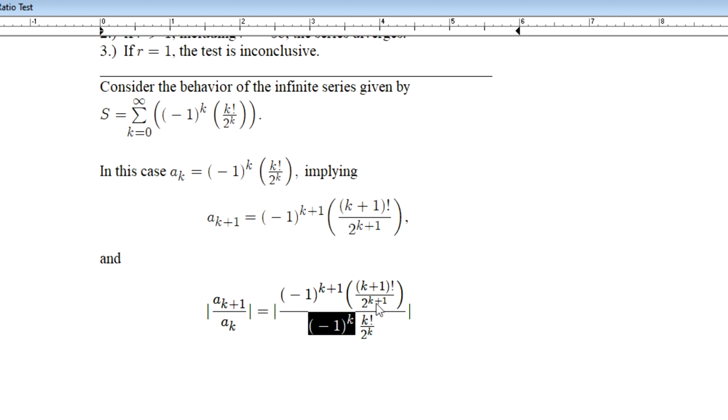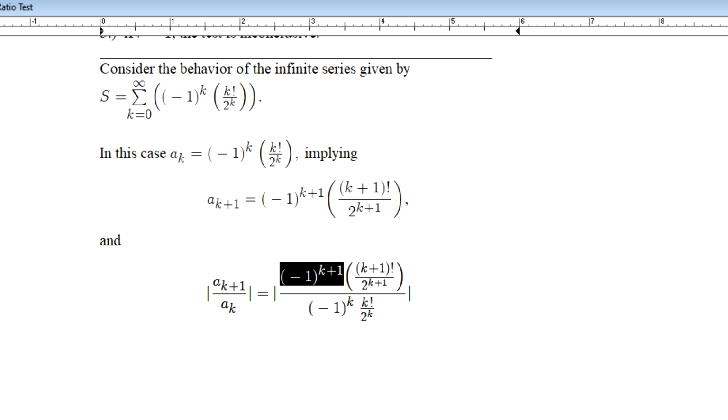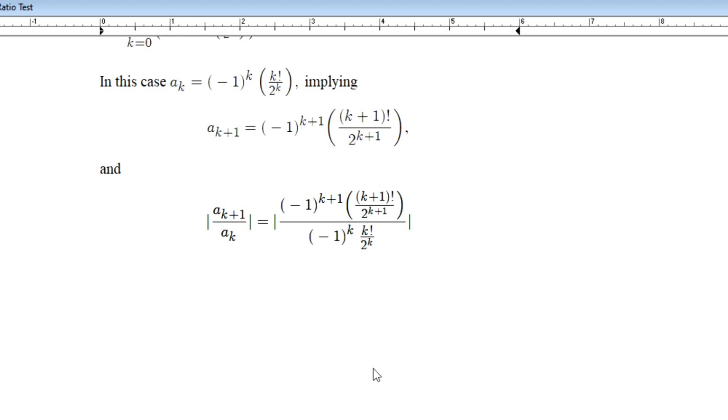This absolute value will distribute itself across quotients into the numerator and denominator, and any negative result that we encounter from these factors that cause the alternating behavior will be, in a sense, undone or canceled by the absolute value's application.